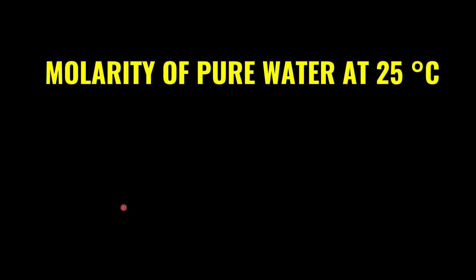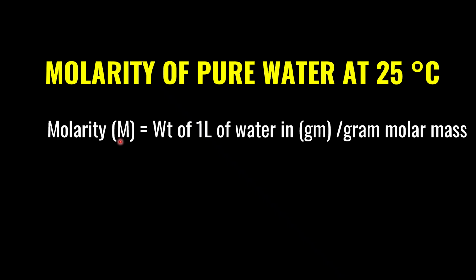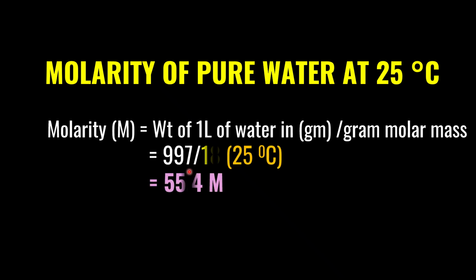So using these two pieces of information, you can calculate molarity of water. Let us calculate molarity of pure water at 25 degrees centigrade. Use the following formula. Molarity will be equal to the weight of 1 liter of water in gram divided by the molecular weight of water, which is 18. So you put the values here: 997 divided by 18 at 25 degrees centigrade, which comes out to be 55.4 molar.